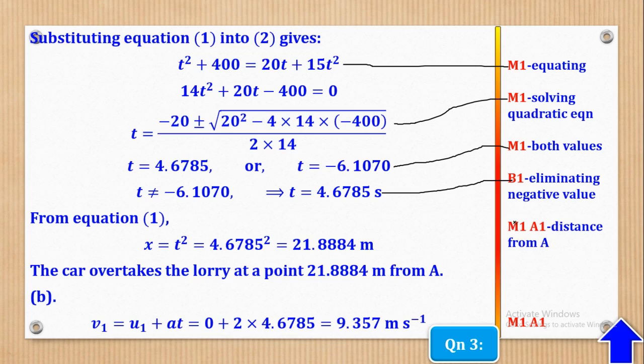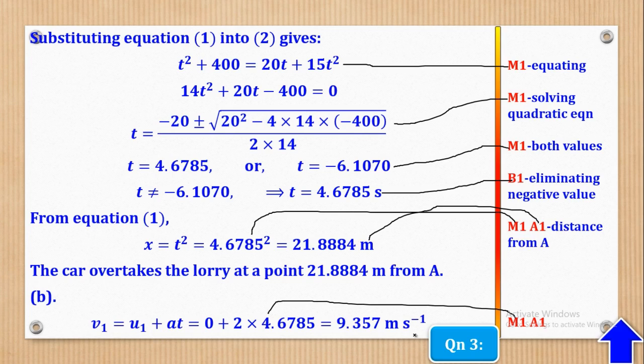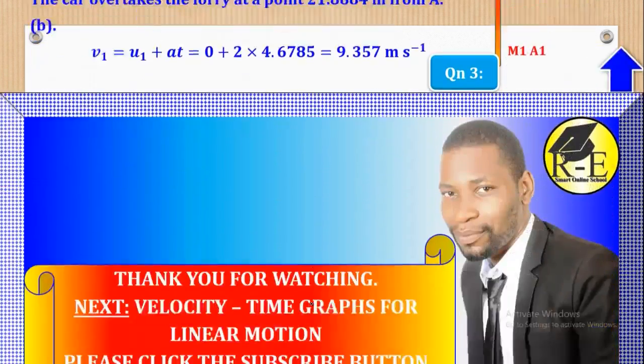Then here M1 is for you to substitute in equation 1, and A1 is for you to get the distance at the point of overtake. Then M1 here for part B is to substitute in the first equation, and A1 is for the output with the correct units. So basically that's how the 12 marks in this question could be got.